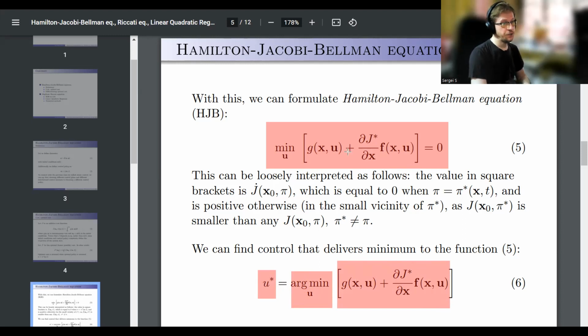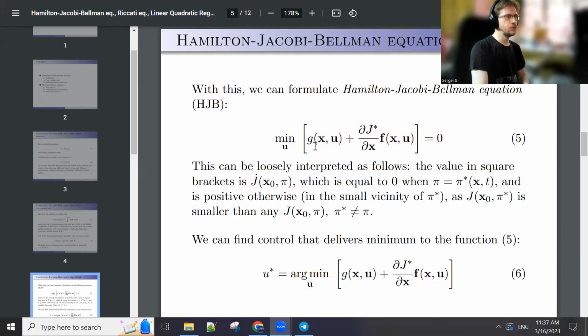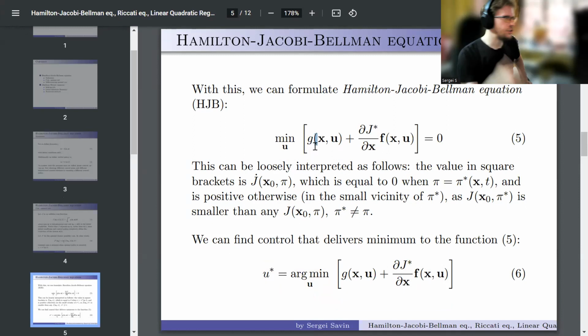So if condition 5 holds, then the optimal control policy can be found as the arg min over u. Fair enough. So far, it just looks interesting, but it is unclear if it has practical significance.